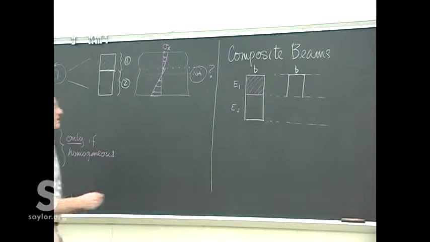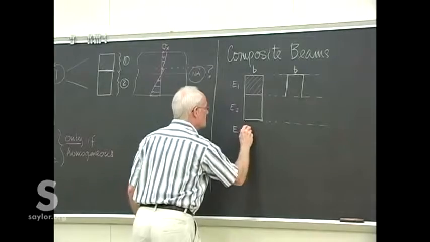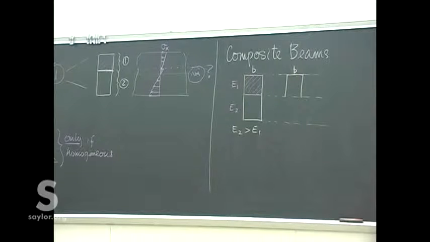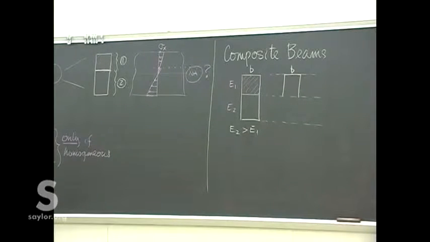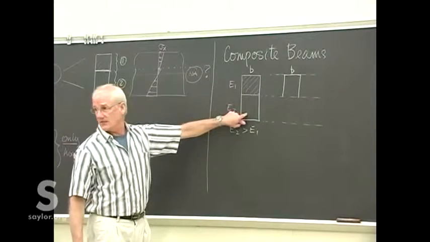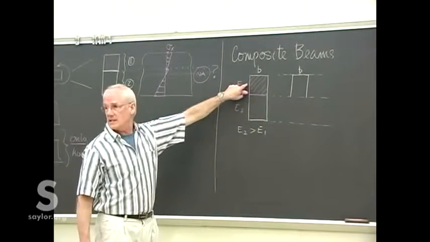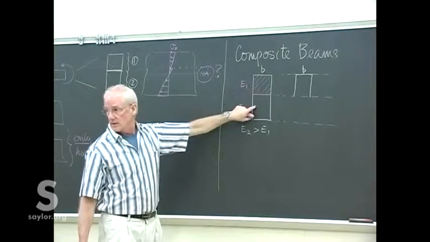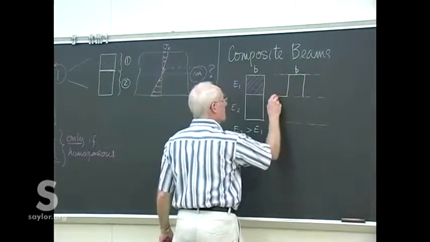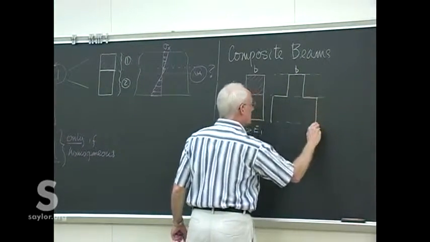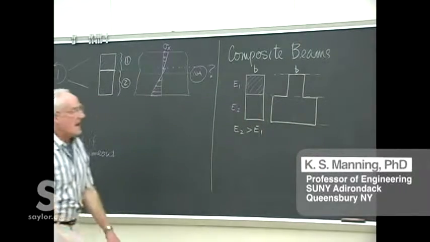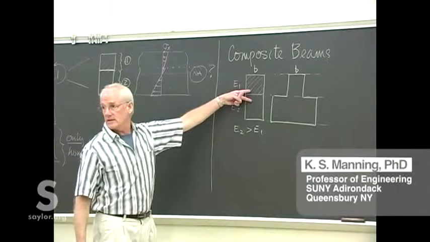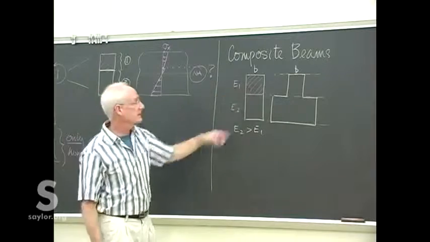Then we'll take out the material at the bottom. It's one or the other that are giving us trouble. I'll assume in this case that the Young's modulus for the lower part is greater. So I'm going to take out that stiffer material and replace it with the original material that's not as stiff. Because it's not as stiff, I'm going to need a lot more of it. So I'm going to put in a whole bunch more of this material, and now it's entirely homogeneous and essentially equivalent to the beam we're trying to design of two different materials.